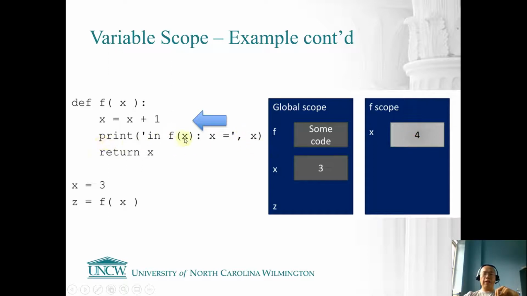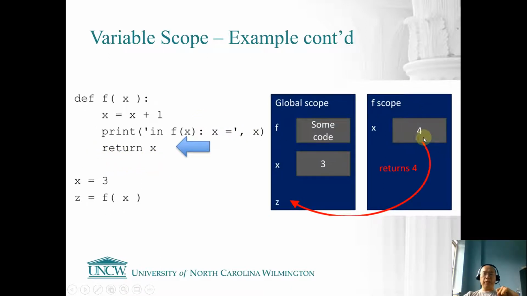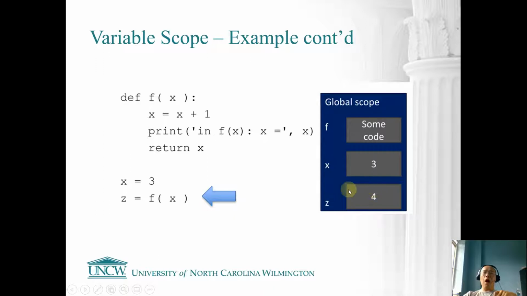We will print the value of the x, and then we will also return the x value. So eventually, this 4 will be returned to the variable named z. So z will also have the 4. Okay, so this is how a variable z is returned. And let me ask you this. When we are at this line, we eventually got the value of the z.